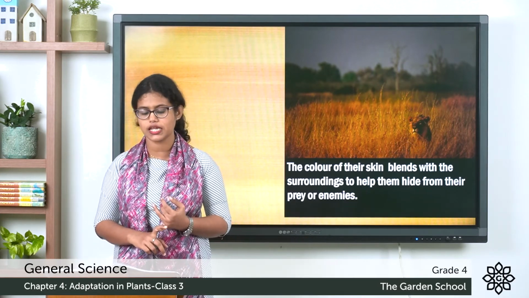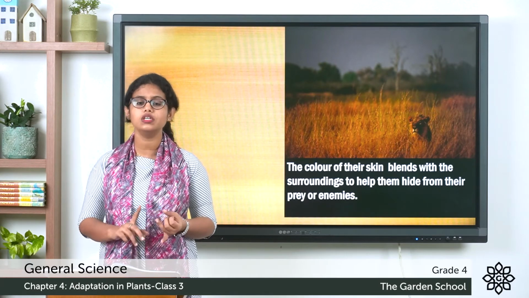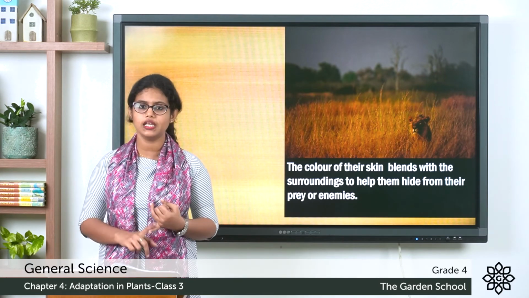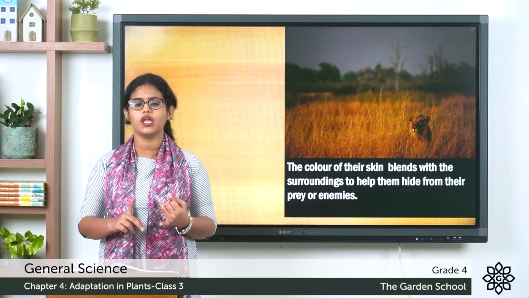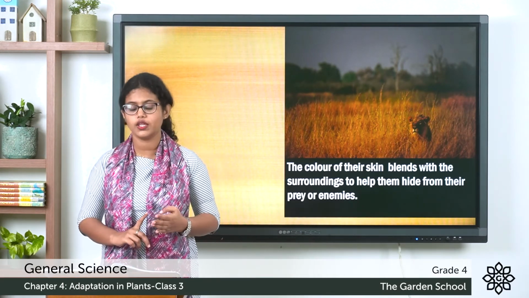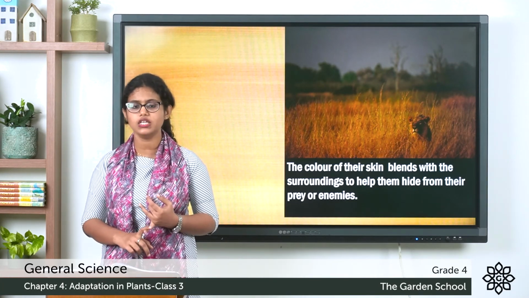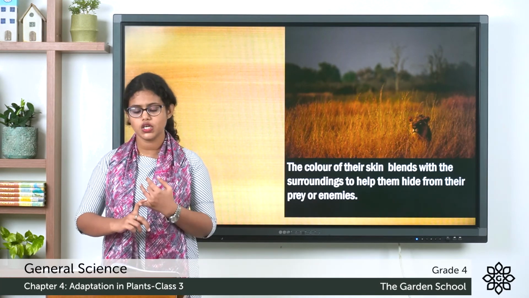The next thing is that they can live very comfortably in warm, cold and wet conditions. And the next thing is that they often live very close to human beings. So these are some of the adaptive features of the crow.